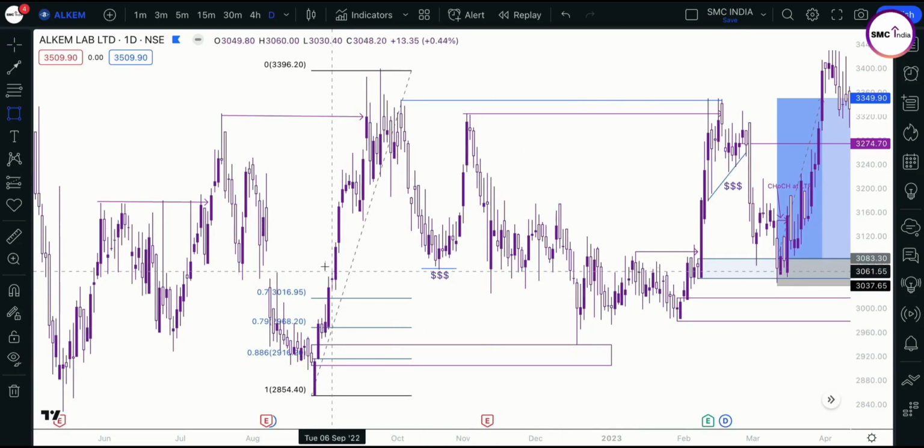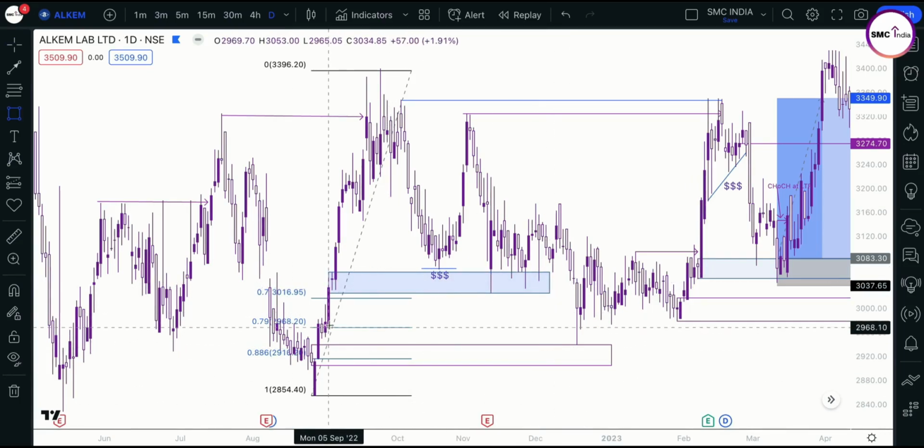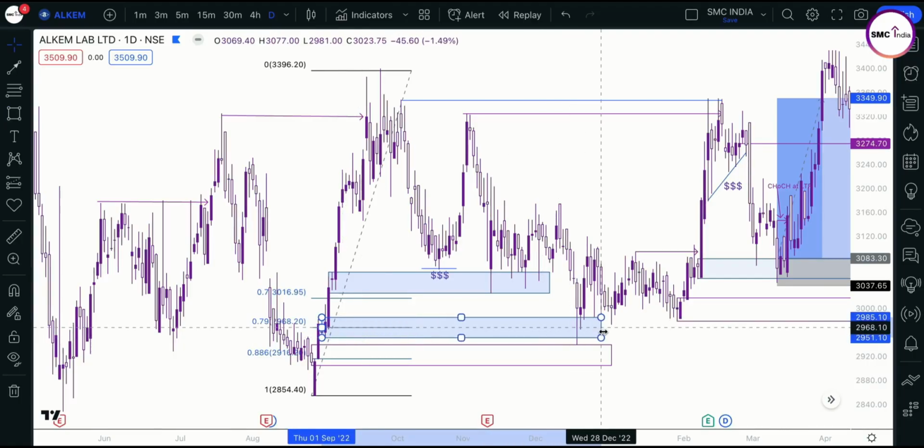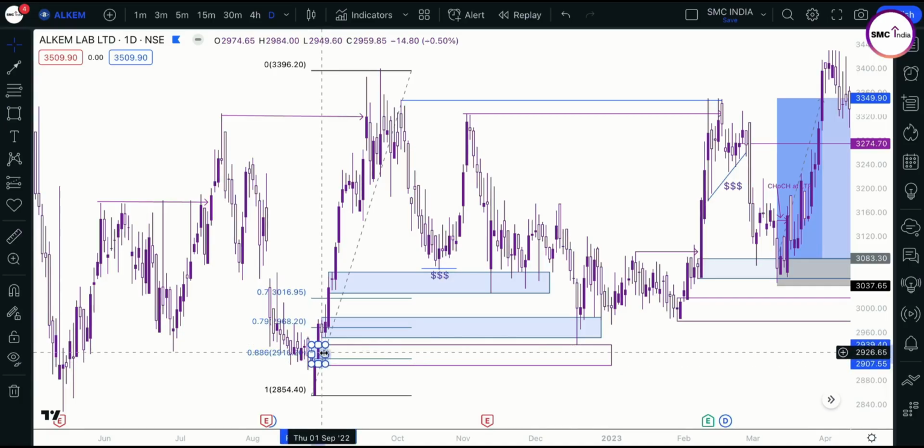So you mark these order blocks, order block here, order block here, and another order block.